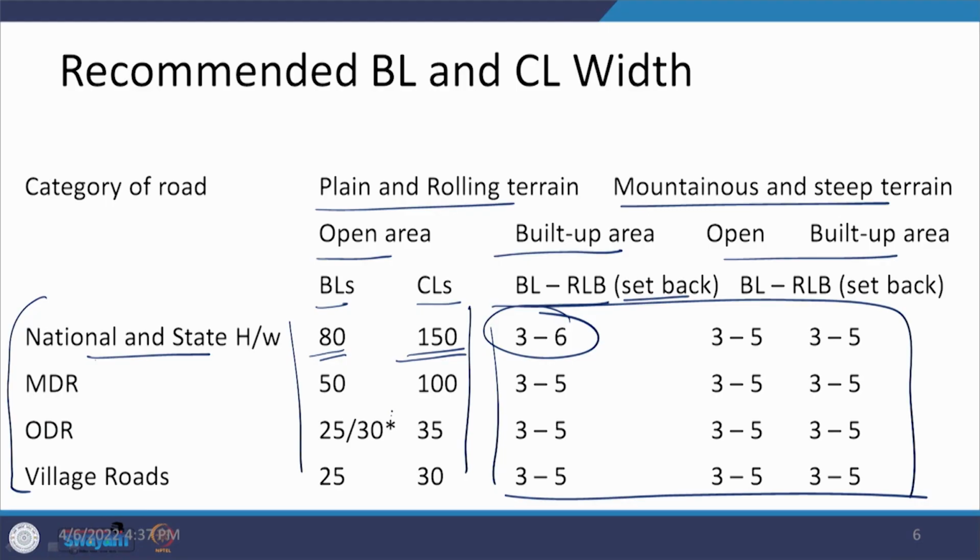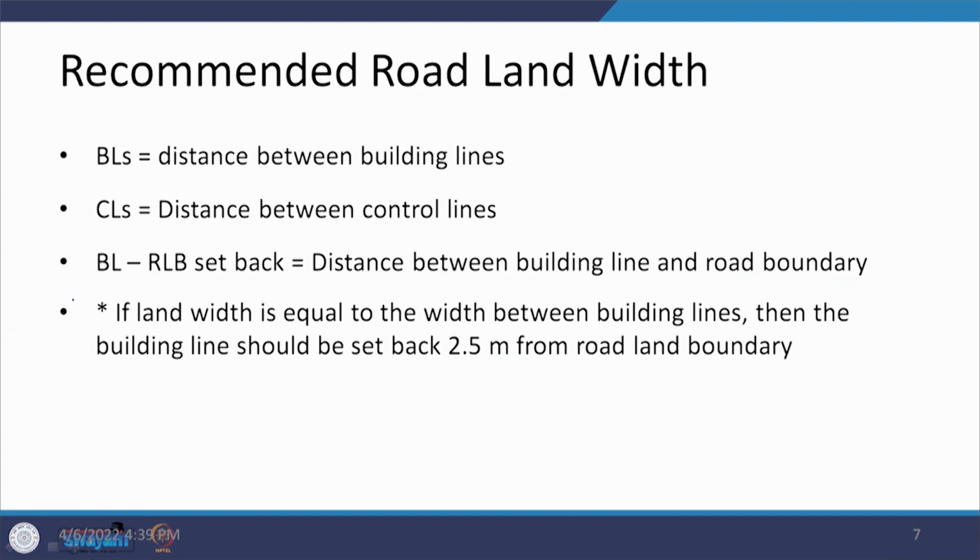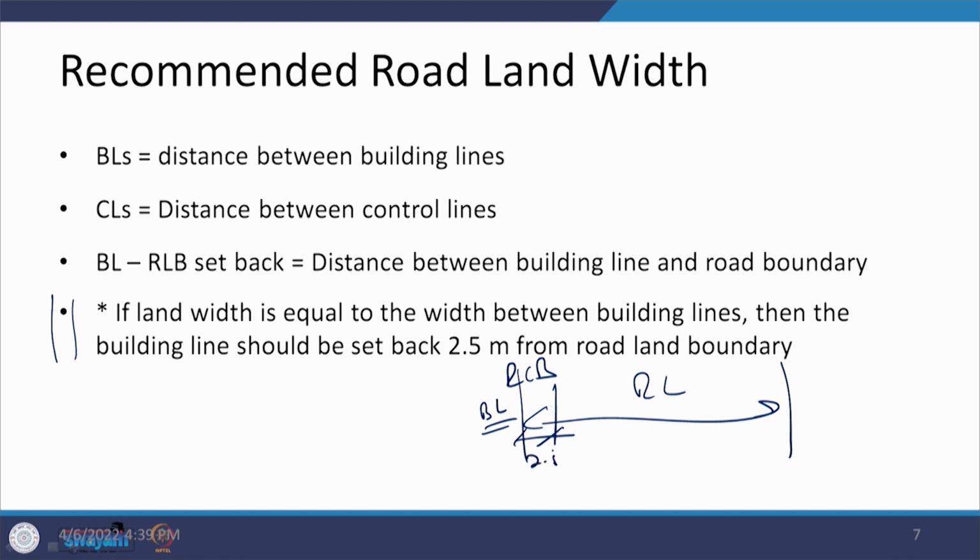Now, one thing which was there in terms of a starred value is being talked about here. What it says is, if the land width is equal to the width between the building lines. So, that means when we say this is my road land, but eventually because of the restrictions on the side, my road land boundary and the building line are getting overlapped, then it says that there should be a setback of 2.5 meters which should be maintained between a building line and my road land boundary.